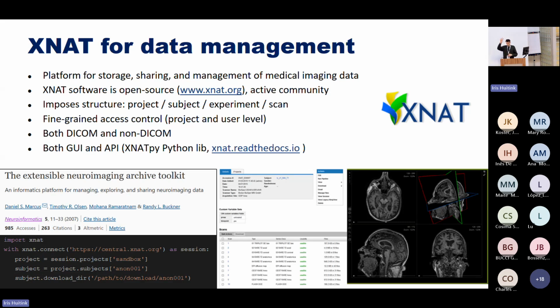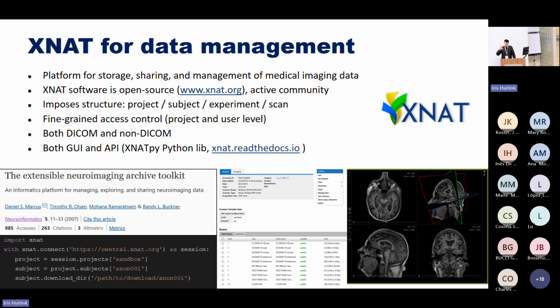We have projects, within projects we have subjects, then different imaging sessions, and within imaging sessions, the different scans that are made there. But that's a structure that anyone would come up with. Now it's at least prescribed with a standard naming.